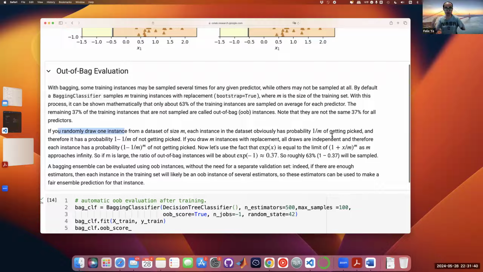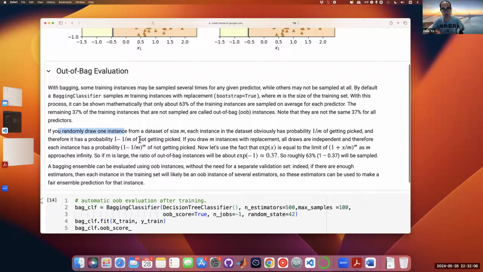And of course, that will have 1 minus 1 over m of not getting picked. However, if you draw m instances with replacement, all these draws will be independent. That means each instance will have the probability of that to the power of m of not getting picked.